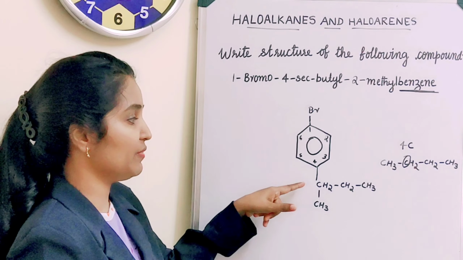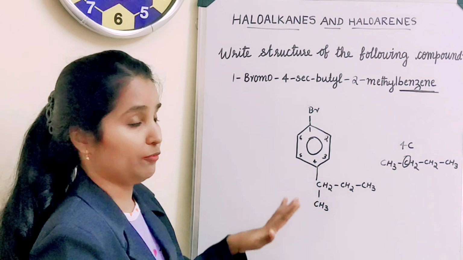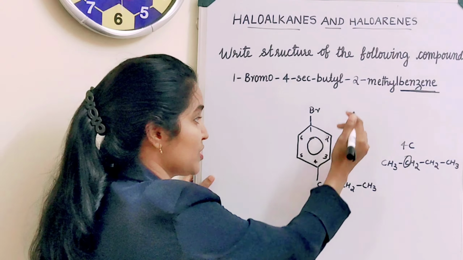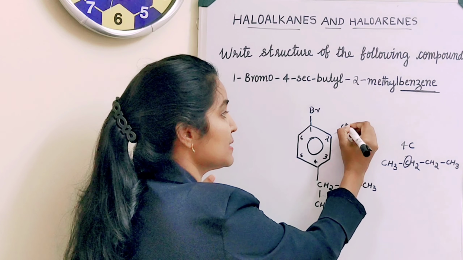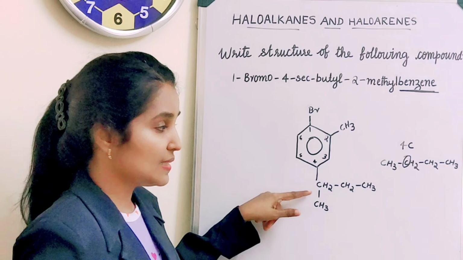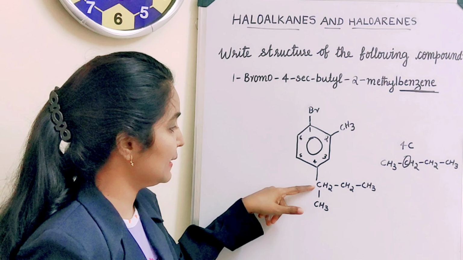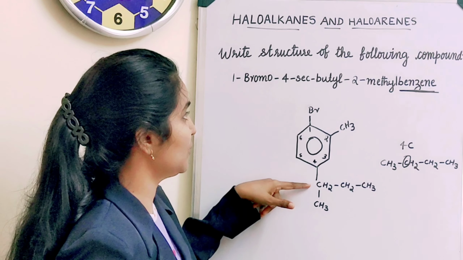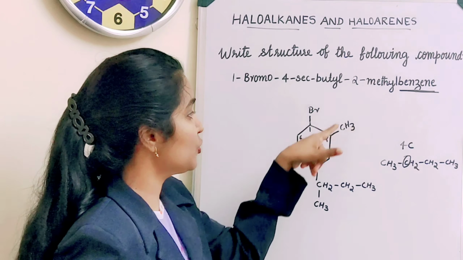In the fourth position we have a sec-butyl group. And then 2-methyl benzene. That means in the second position we have a methyl group, CH3. So that's it. 1 bromo, 4 sec-butyl, 2 methyl benzene. That's it.